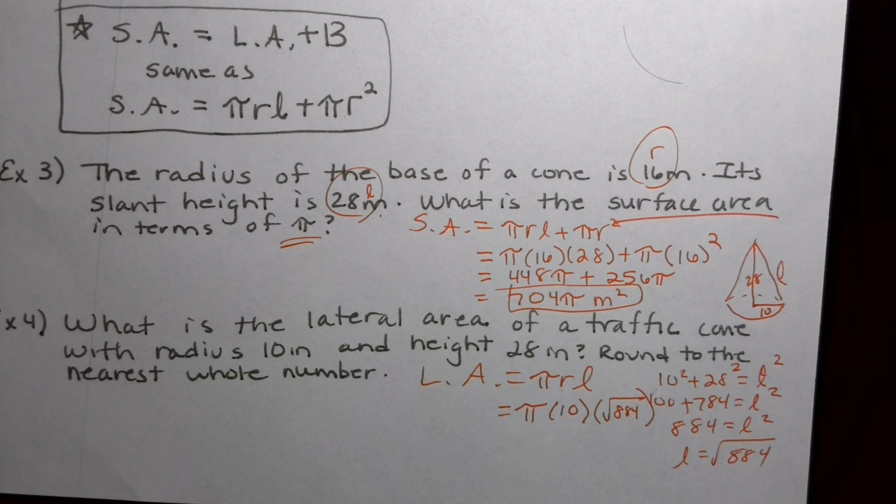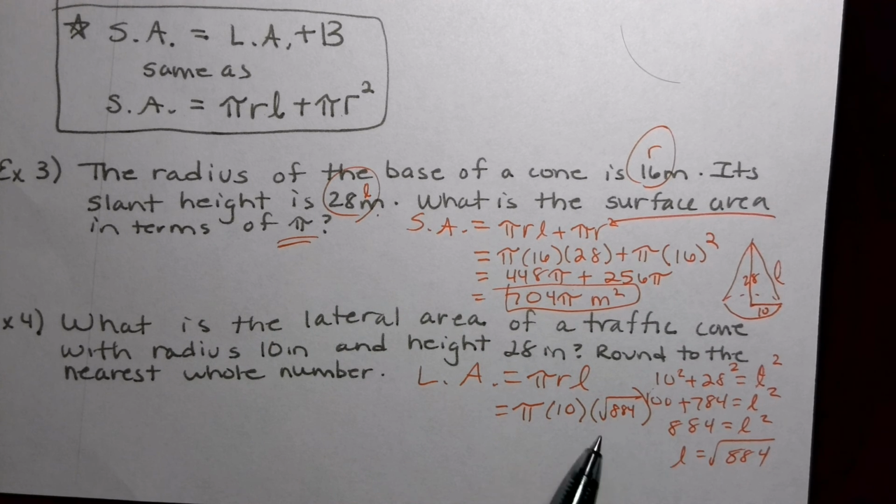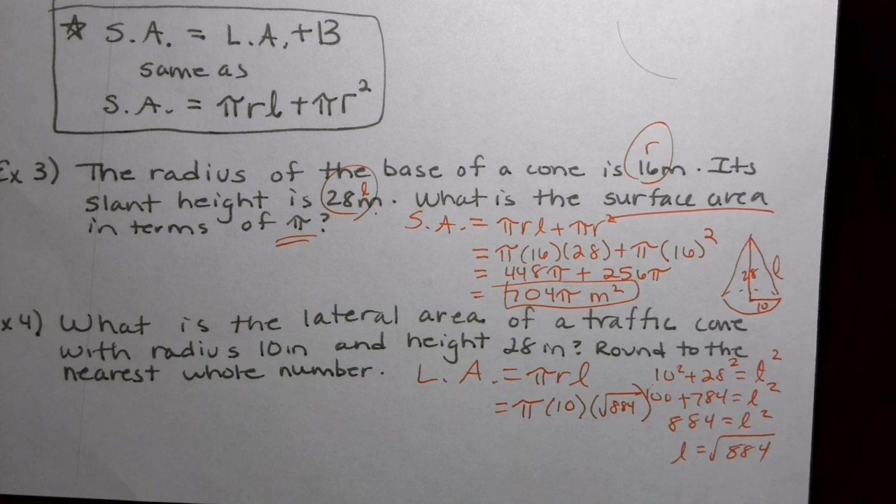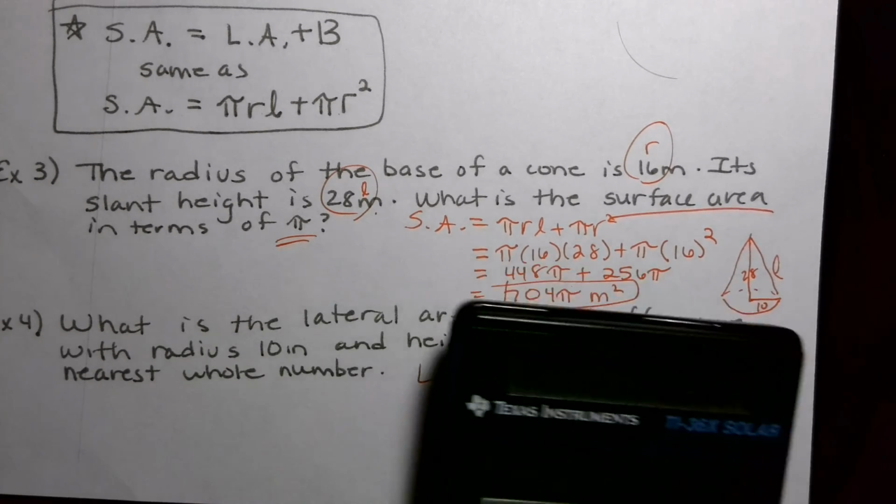I'm just going to leave it in square root because I see it says round to the nearest whole number, so I don't want to put an approximation in here. We learned that, right? At least Dan and Jonathan realized that when we were going over the game, that when we're rounding too early in the game, then our rounding at the end of the game is off. So wait till the end, and I'm going to do it right now.